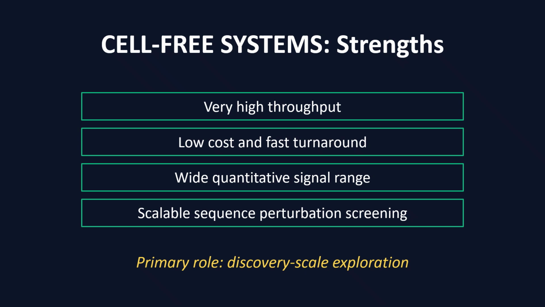So let's start with cell-free systems. First, let's start with the strengths. Because they remove cellular complexity, they are easy to scale. You can test massive numbers of sequence variants quickly and at relatively low cost.